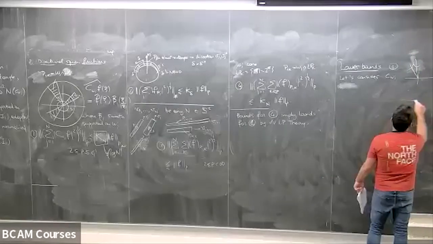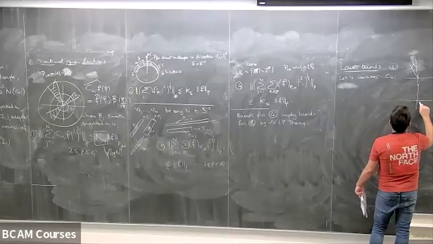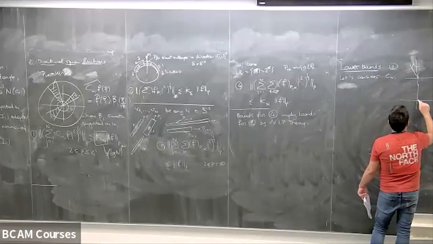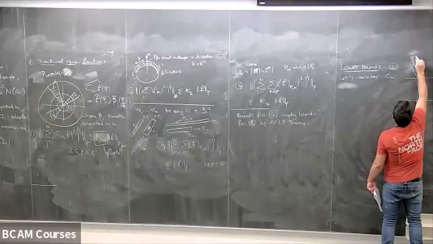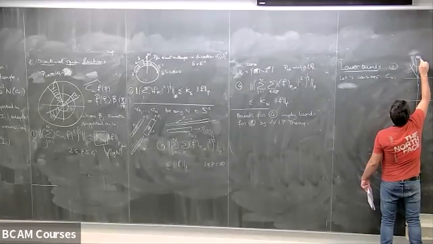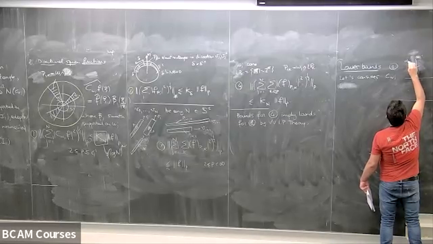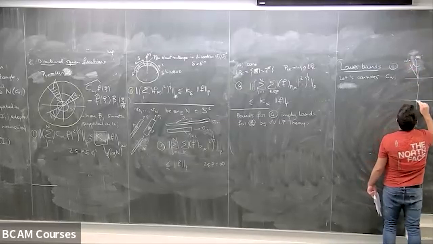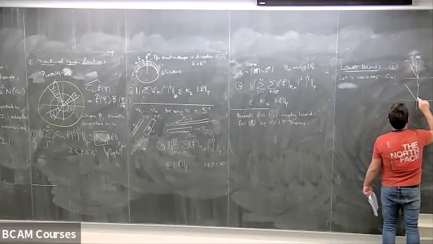This is a smooth cone. There is also the rough cone, which is the region bordered by these two directions. I'm going to call them Wj and Wj plus 1, for reasons that I'm going to explain. So this is the smooth cutoff, and then we can consider the rough cutoff.